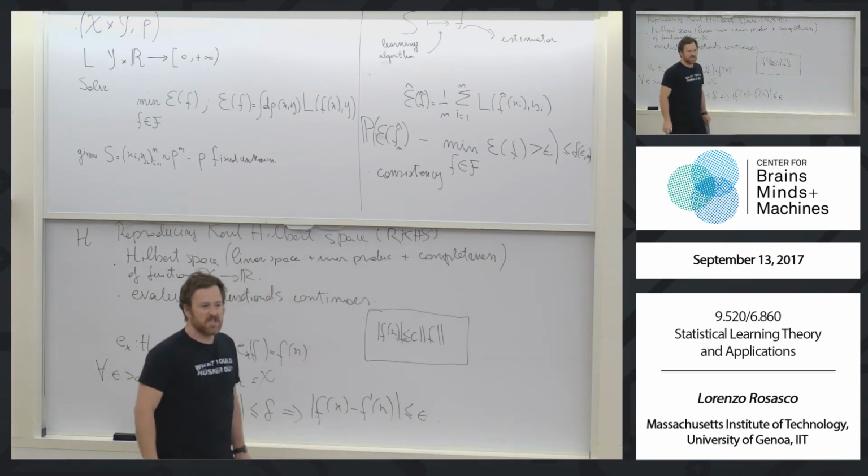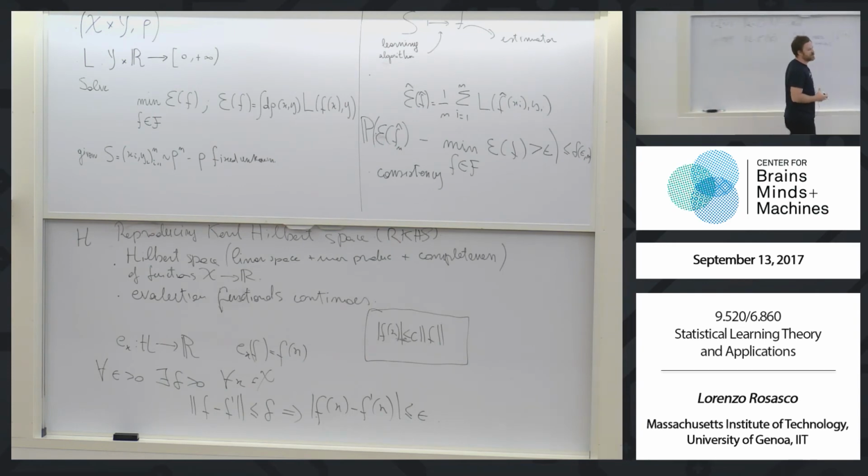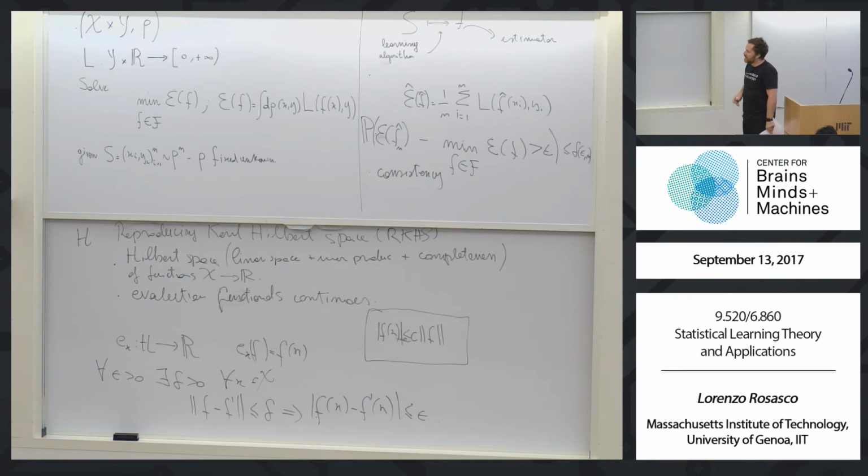And again, this definition is purposely abstract, just to see how general it is. One problem is that it's pretty useless. And it doesn't explain why we call this a reproducing kernel Hilbert space. Hilbert space, yes, but why reproducing kernel?